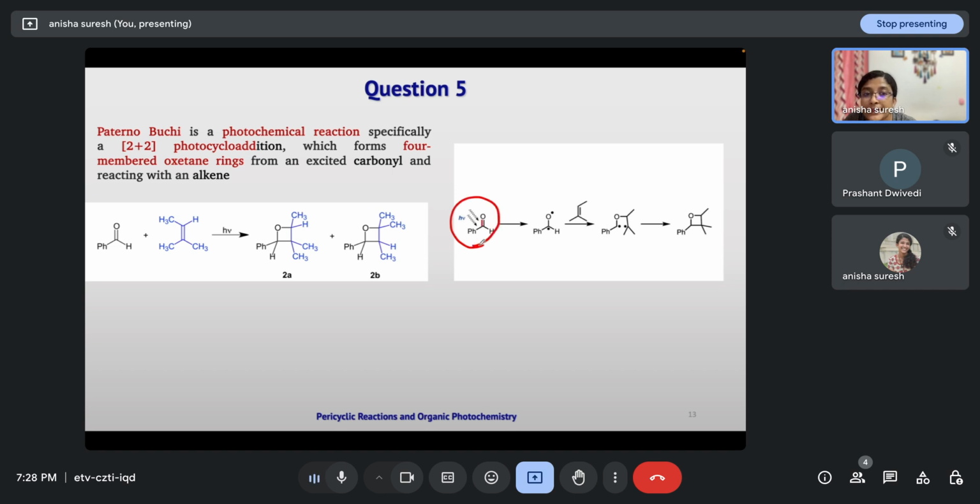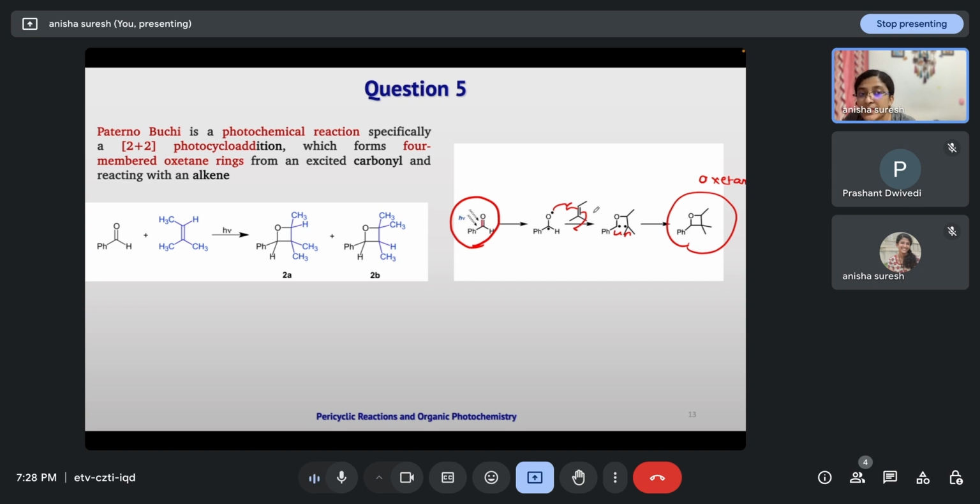Under photochemical irradiation, the carbonyl will undergo excitation, leading to the formation of this oxygen radical and carbon radical. Then it can attack on this alkene in this fashion, leading to formation of these radicals. Upon recombining, it will give the oxetane.